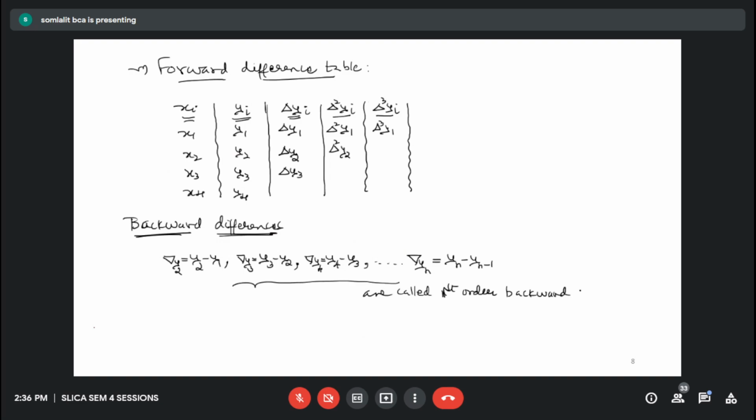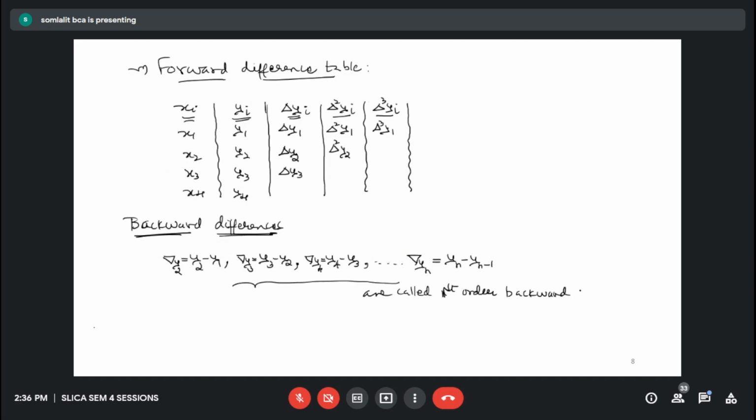You see here it had the same notation: 2 then 2, 3 then 3. So it starts from y3. The next one, if I write y4 minus y3, is nothing but nabla square y4.